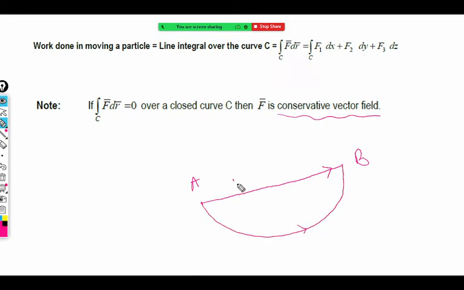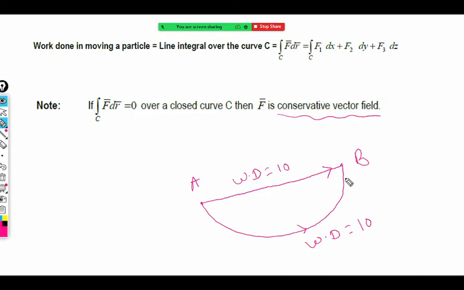If the work done on the line AB is 10 units, and the work done over the arc AB is also 10 units, then we say it is a conservative field, because the work done doesn't depend on the path, it depends only on the initial and end points.